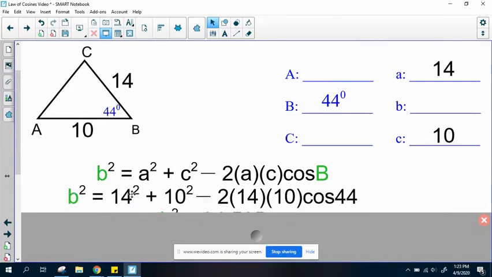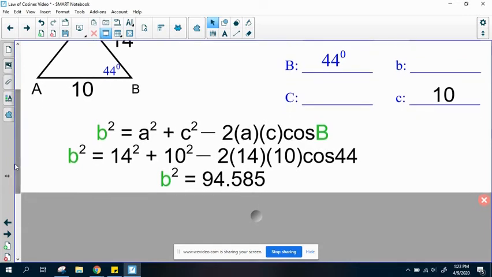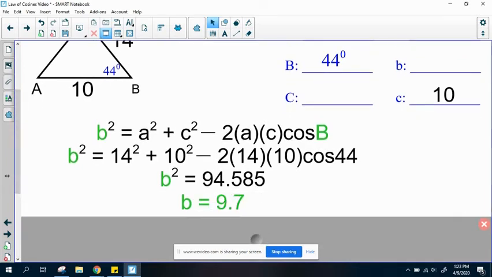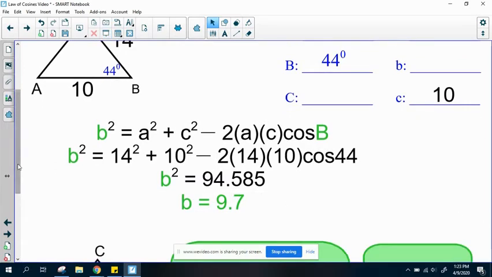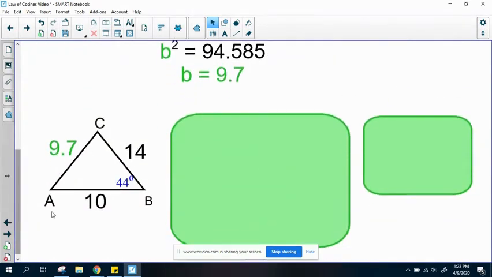B squared equals A is 14 squared, C is 10 squared, minus 2 times A times C times cosine of 40. I'm going to type that whole thing into my calculator. I'm going to get 94.585. I'm going to take the square root, and I get 9.7. Okay, round to 1 decimal place. So now I know that I have 9.7.